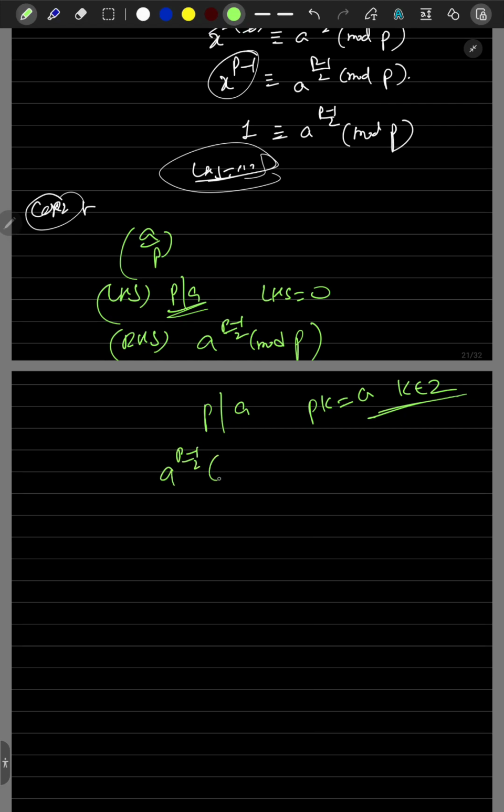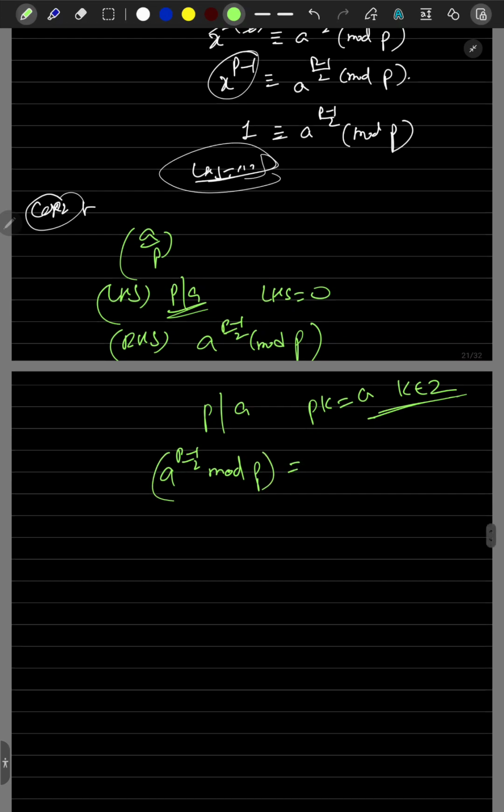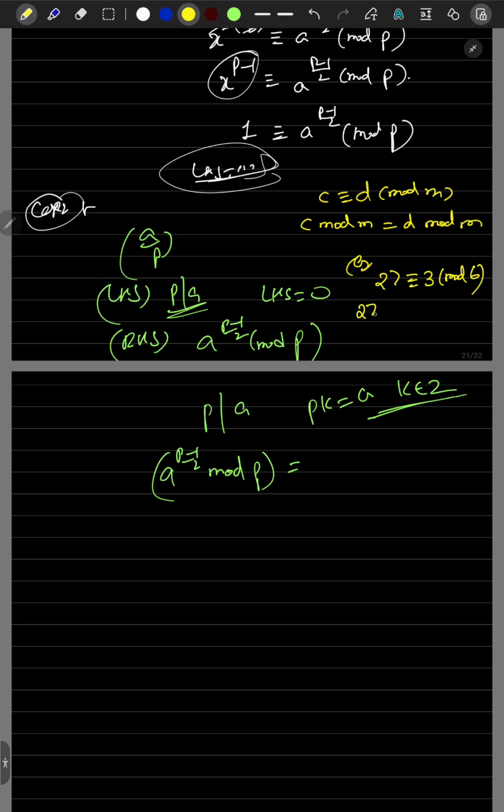A^((P-1)/2) mod P is congruent to... I am again telling this concept: C is congruent to D mod M means C mod M equals D mod M. For example, 27 is congruent to 3 mod 6. So can I write 27 mod 6 and 3 mod 6?